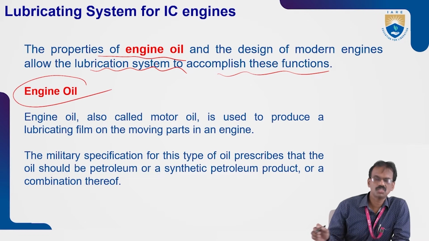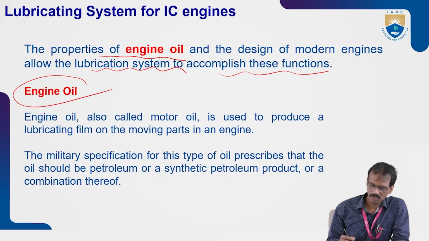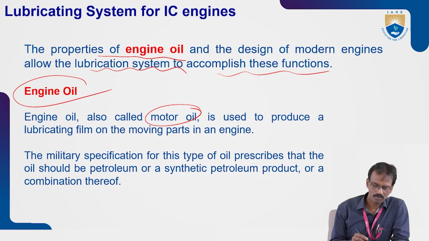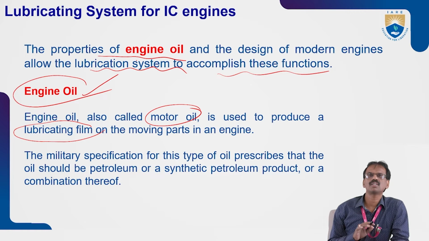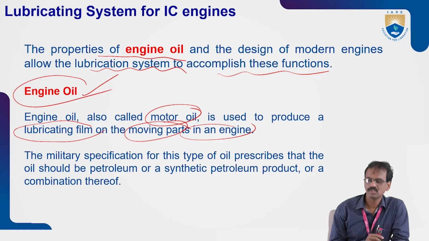We'll see what engine oil is. Engine oil, also called motor oil, is used to produce the lubricating film. So the main purpose of engine oil is to provide the lubricating film on the moving parts in the engine.